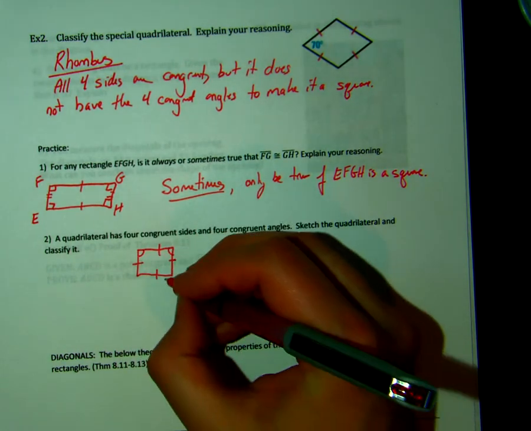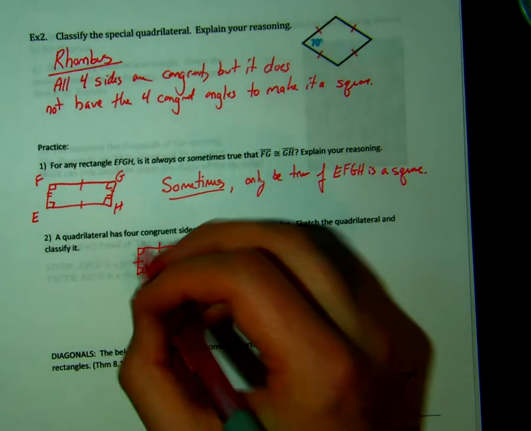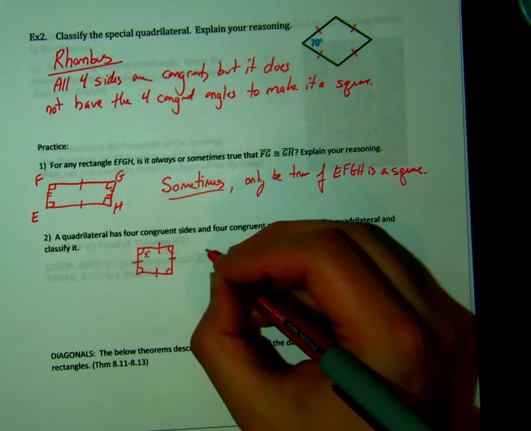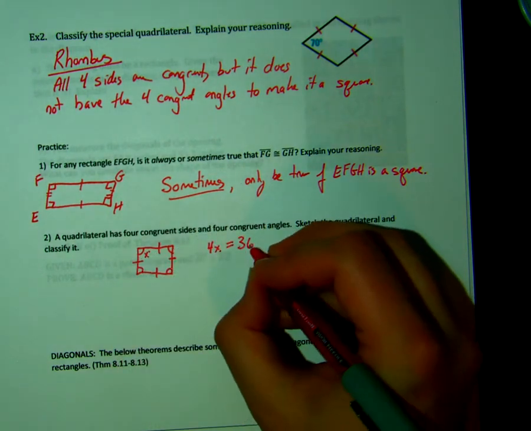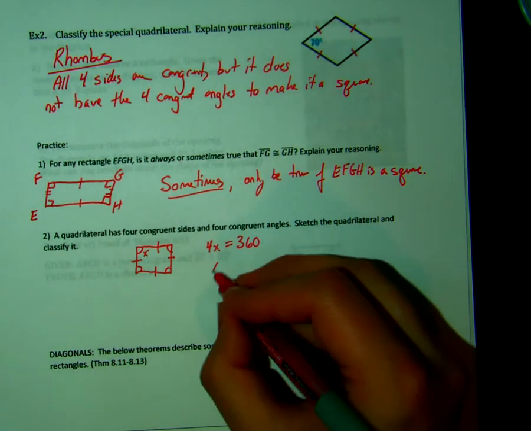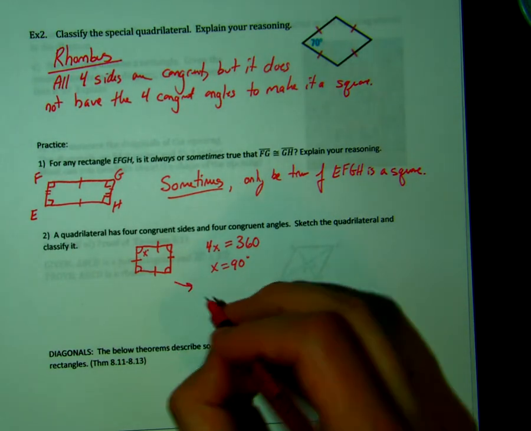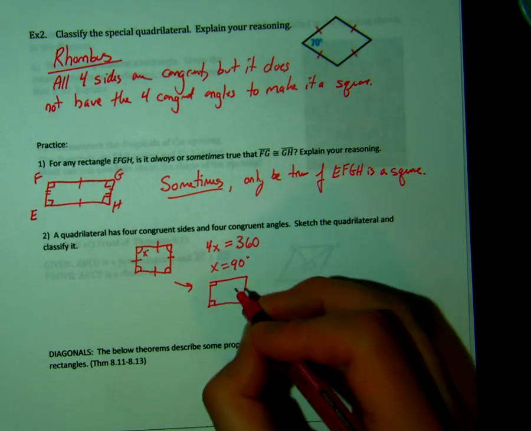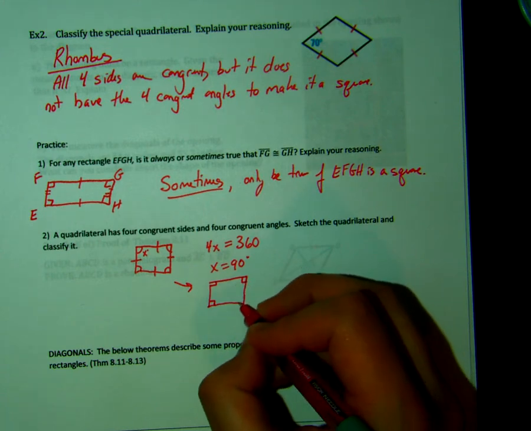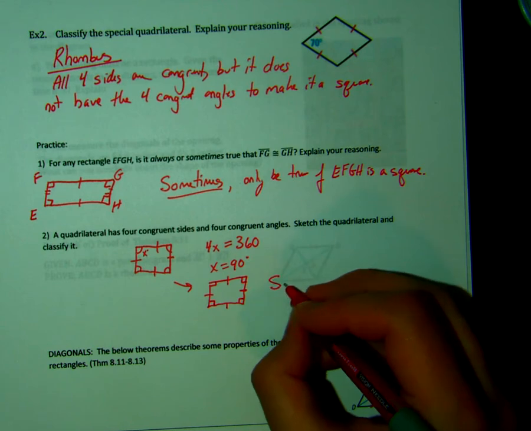If I just show that I have 4 congruent angles like so, and if you don't know what these angles are, I have 4 of them, and the sum of the interior angles is 360 degrees for a quadrilateral. So this tells you that the 4 congruent angles have to be 90 degrees, which means that this actually has to have 4 right angles and 4 pairs of congruent sides. That makes this a square.